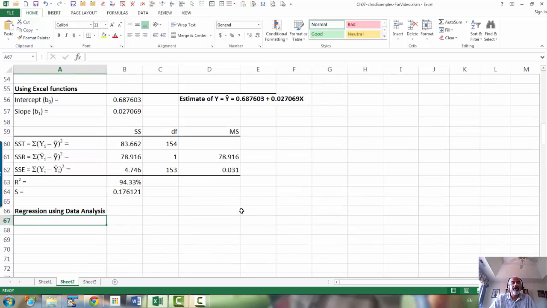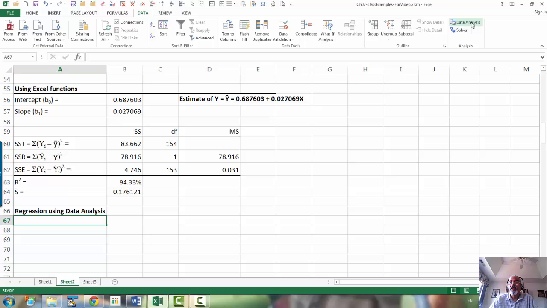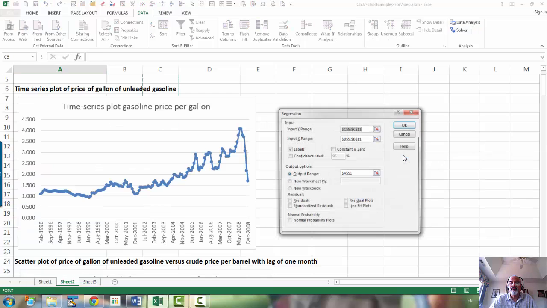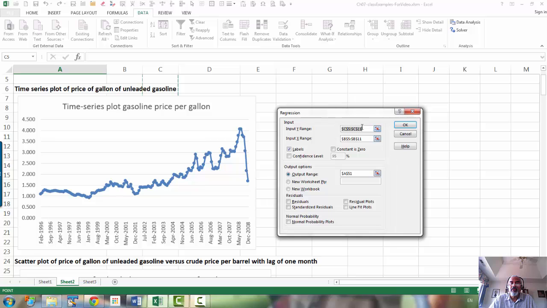Now, of course, all of this can be generated using Data Analysis, Regression. The old information is still there, so let's clear that.